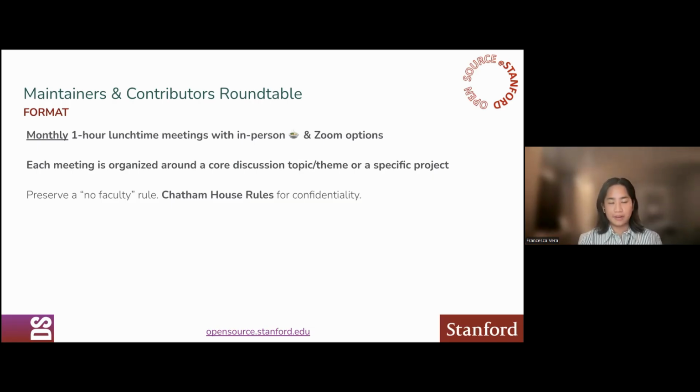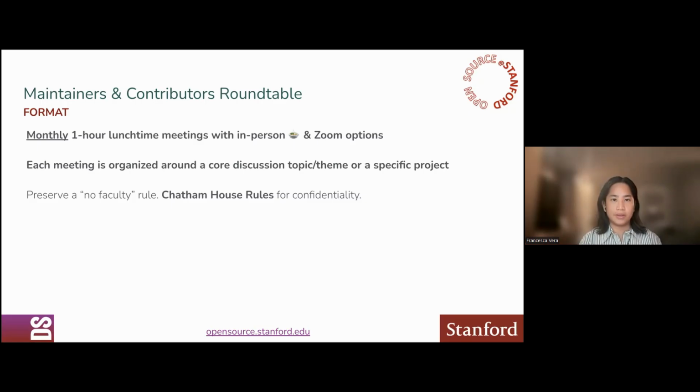This is very much done with the underlying concept of people behave differently when the boss is in the room, which I think we have experienced or observed and we've found to be true in the context of our MNCR. We absolutely want to provide this as a very safe and open learning space for maintainers and contributors.